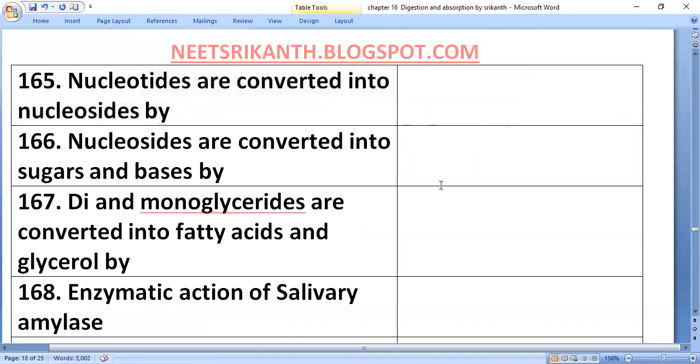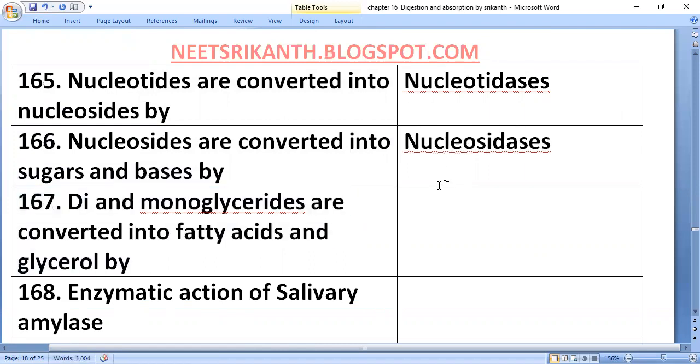Nucleotides are converted into nucleosides by nucleotidases. Nucleosides are converted into sugars and bases by nucleosidases. Di- and monoglycerides are converted into fatty acids and glycerol by lipases.